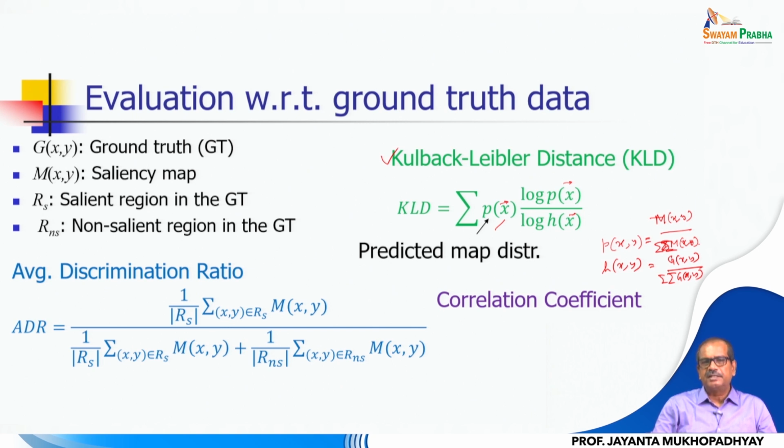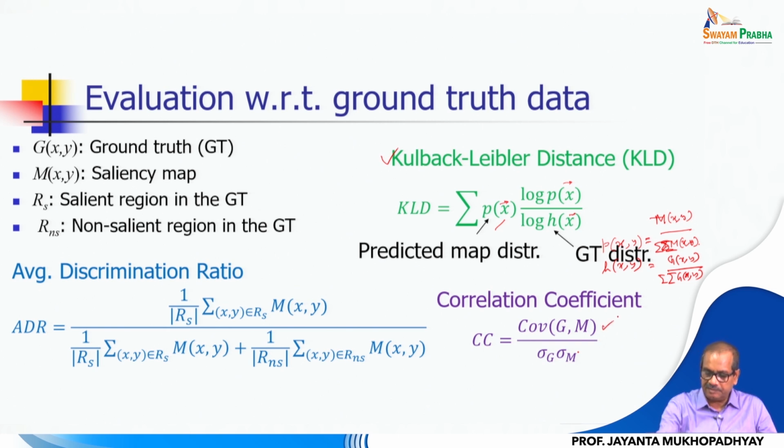Then the other measure is the correlation coefficient, a very standard statistical measure. Once again, considering this a distribution, we can define the covariance between two random variables g and m, and similarly the standard deviations of g, which is the ground truth, and m, which is the saliency map. The correlation coefficient can be defined in this way.